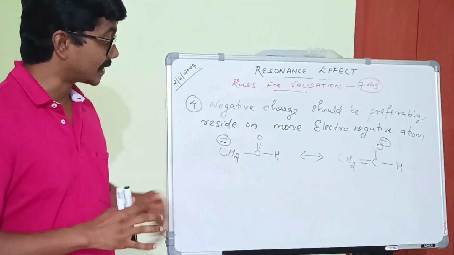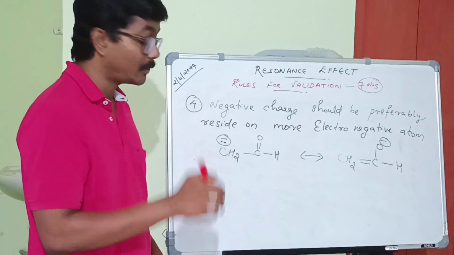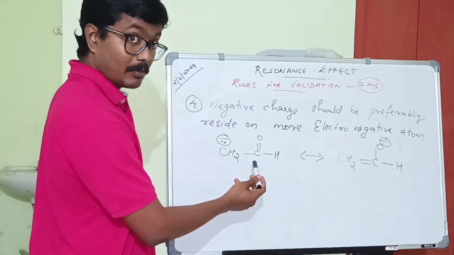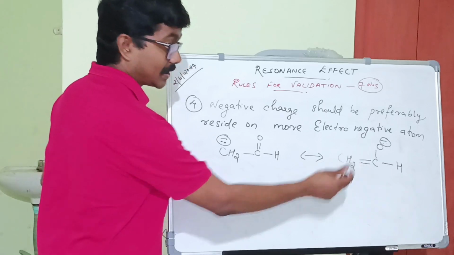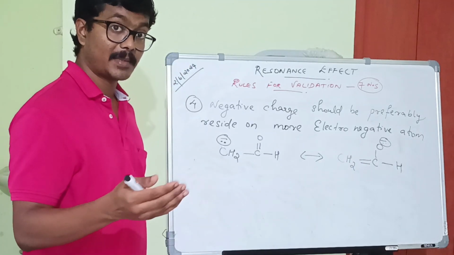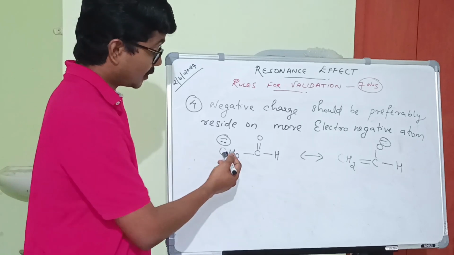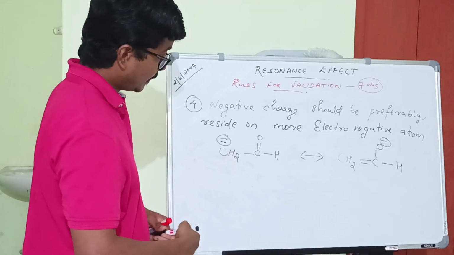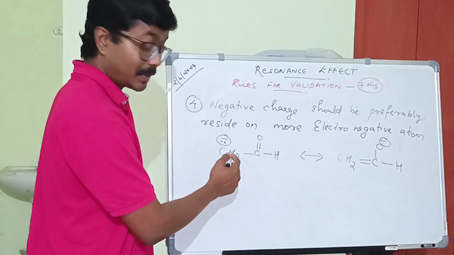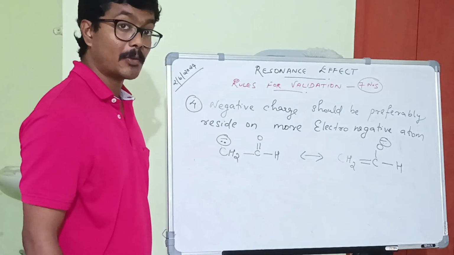Okay, see this example. These two are the resonating structures of the same compound. Whether this structure is more preferred or that structure is more preferred, that is the question. These kinds of questions may be asked in entrance exams. The negative charge is on the terminal carbon, or the negative charge is on the electronegative oxygen.